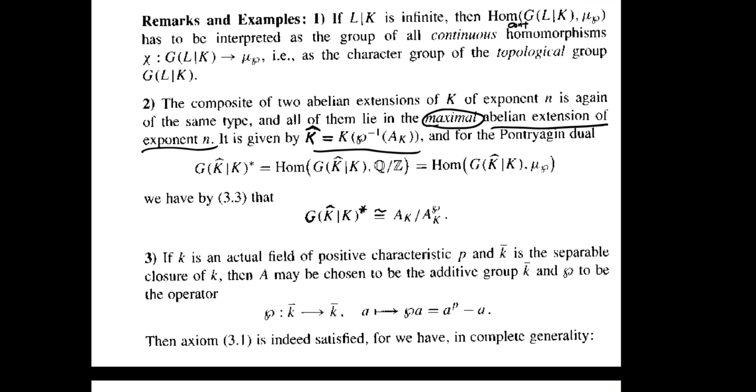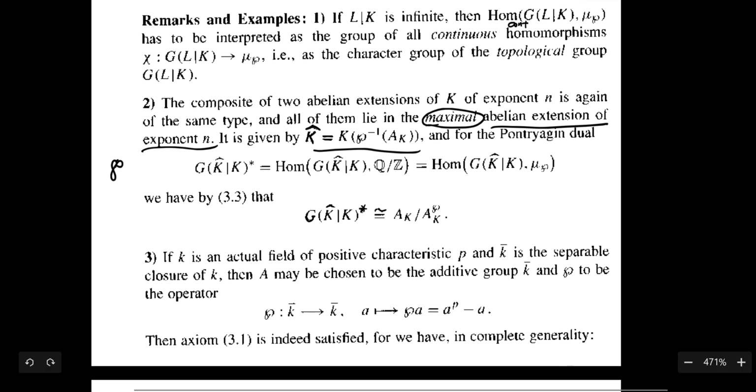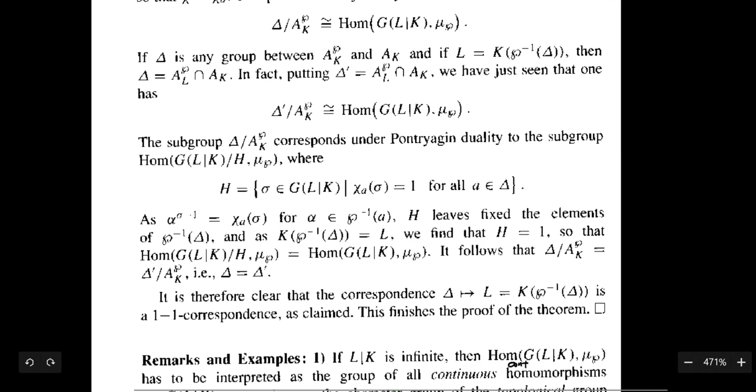So maybe the exponent n here really only depends on rho. Maybe it's just the cardinality of the kernel of rho is n. So you see, when you change the field, it doesn't change the exponent n, so this should be related to this rho, I think.